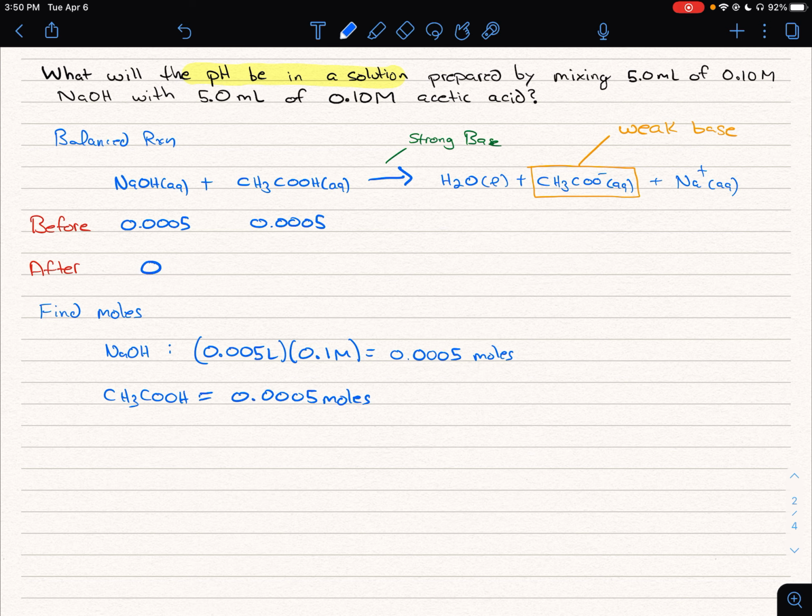So after the reaction takes place, those are both gone. On the product side, the water we don't really care about, the sodium we don't care about. Initially, we have no acetate, but after the reaction, we're going to form some, and we're forming 1 mole of acetate for every 1 mole of acetic acid that reacts, and so we're going to end up with 0.0005 moles. So that tells us after this first reaction takes place, this is how many moles of acetate we have in solution.